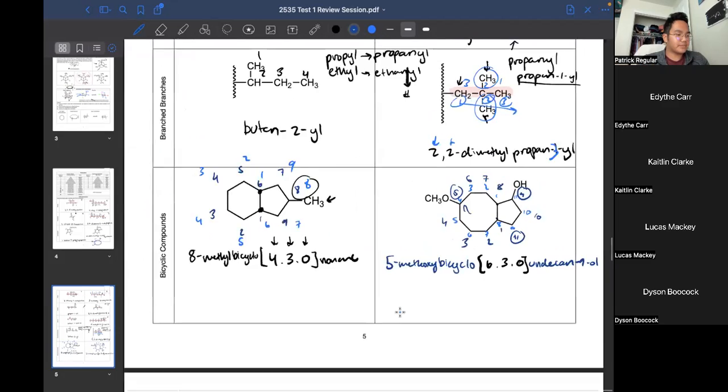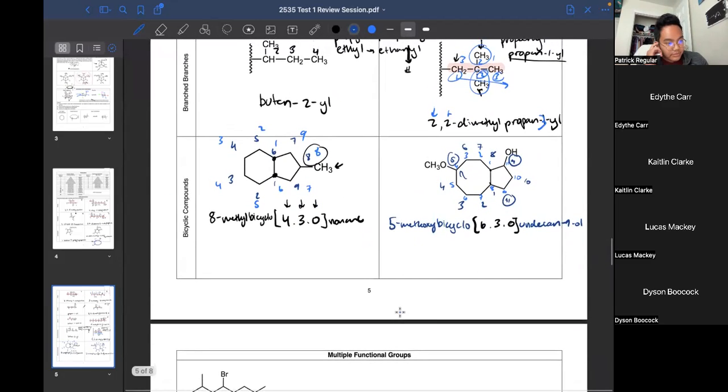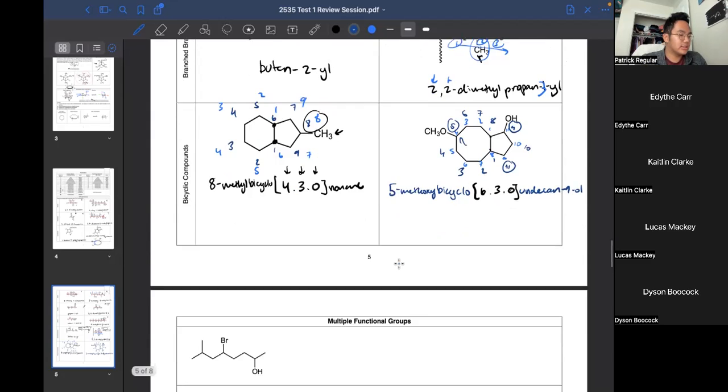All right. So you prioritize the OH over the methoxy? Correct, because it's a functional group. The lowest number possible. And the only numbers possible are 9 and 11, because we have to start at a bridgehead carbon and we have to go around the largest ring first both ways.